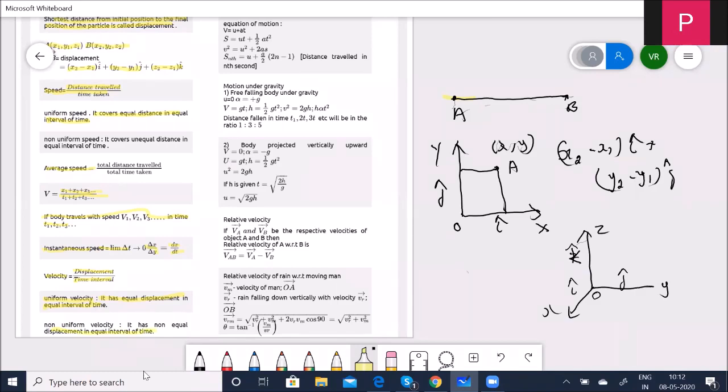Note that the time interval is equal, but the displacement or distance covered is not the same. In that case, you say it is a non-uniform motion, or a uniform motion otherwise.